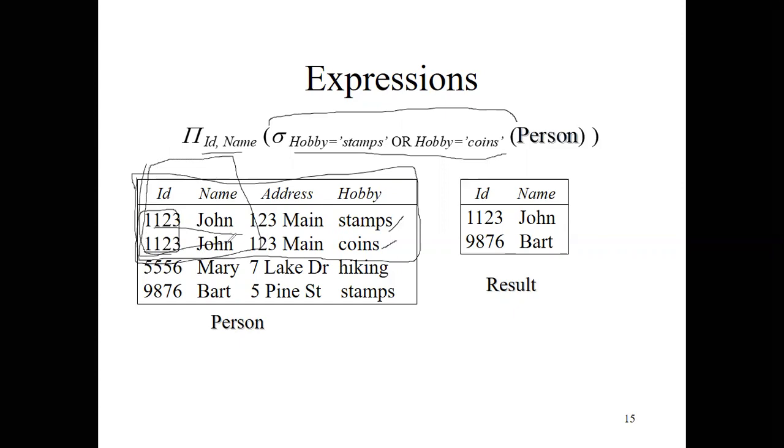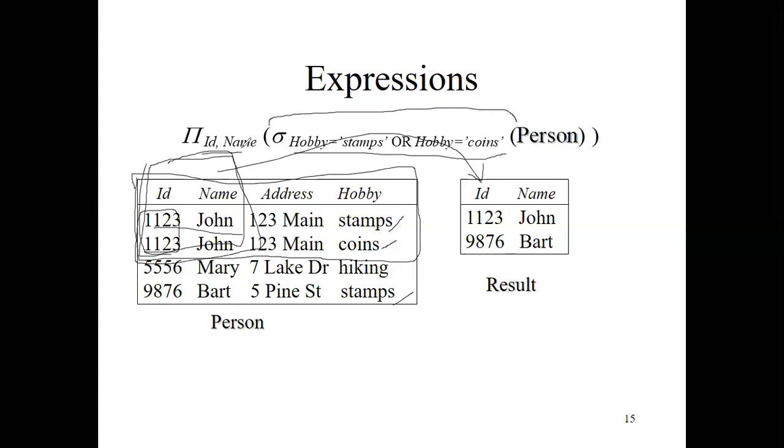Can you see here? I'm drawing the ID and name attributes. That is the result of this entire relational algebra expression. ID, name: ID 1123, John. Here he is also collecting the stamp. Then 9876 Bart. So 1123 John, 1123 John, two things will come. What will the project operator do?